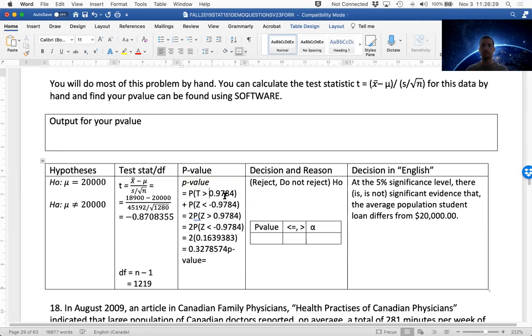Because it's a two-tailed test, we'll have the probability that t is greater than 0.8708 plus the probability that t is less than the negative, which gives us 2 times the probability that t exceeds 0.8708, which is the same thing as 2 times the probability that t is less than negative 0.8708. Now we can use Rcmdr to find the exact p-value based off the student t distribution.